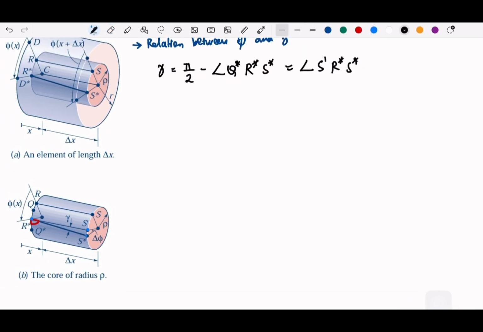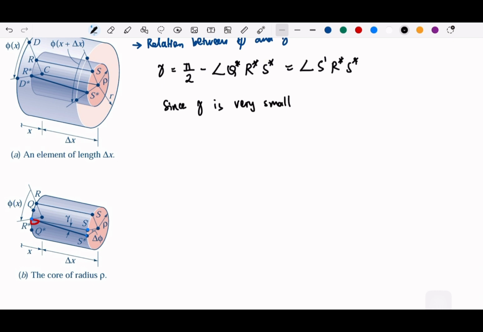Now we can describe the shear strain. We also remember that the shear strain is very small, and when the angle is very small, we can approximate the angle by the tangent.